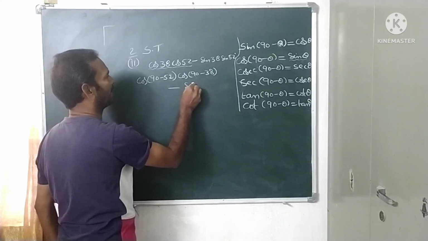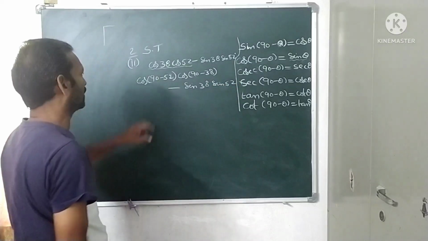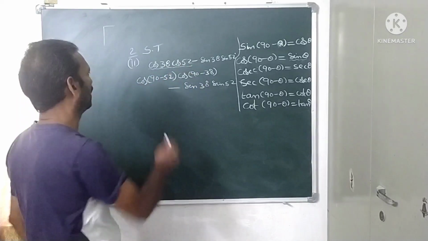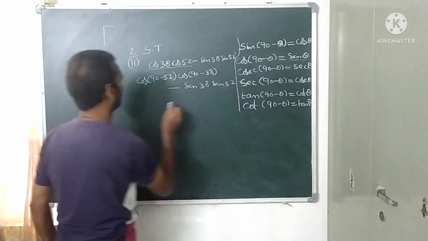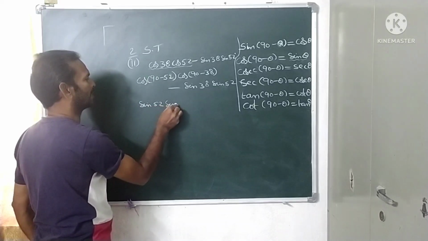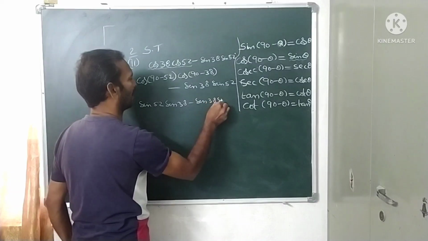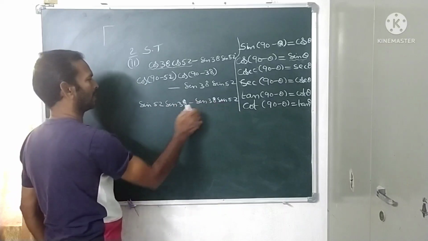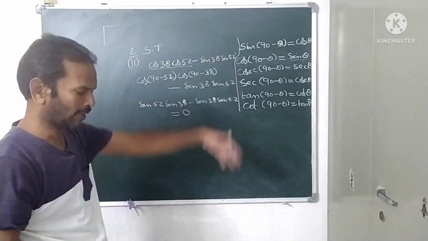Cos of 90 minus theta is sin theta, so sin 52 sin 38 minus sin 38 sin 52. Same terms, so the answer is 0. Then this formula will apply repeatedly.